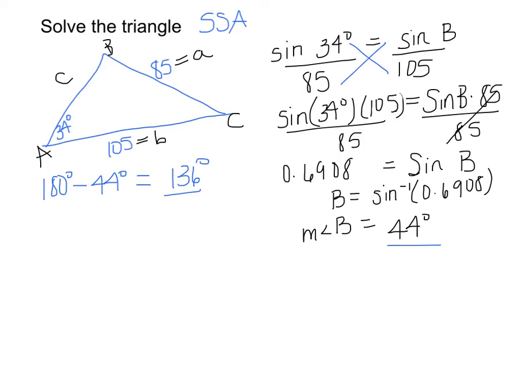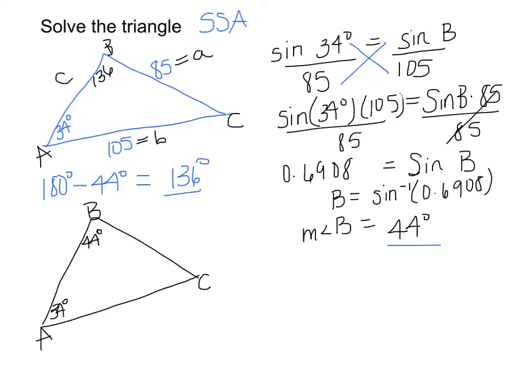Because of that, we have to work this out as if it were two triangles. We have to do one where angle B is 136, and then we have to do it where a possibility is that angle B is 44 degrees. And that's only because there are two quadrants where sine is positive. And since we only have one angle, and we don't know what another angle is, we have to work it out both ways.